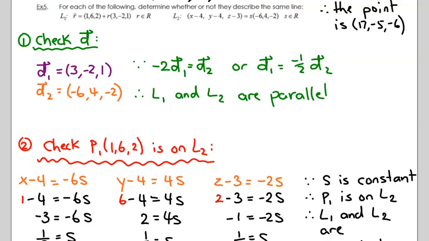Okay, so the first thing I'm going to do is write line 2 in a different form because it looks a little bit weird. It has several things going on, so I'm just going to write it as x, y, and z is equal to, let's bring this to the other side of the equation and we'll get a 4.